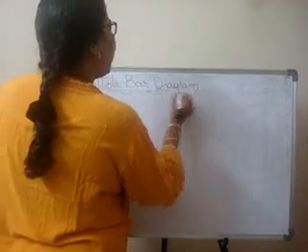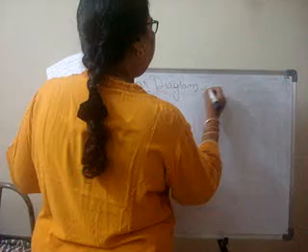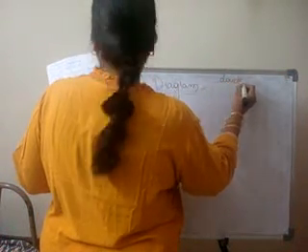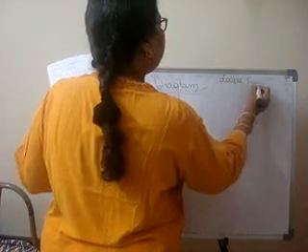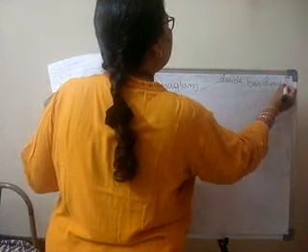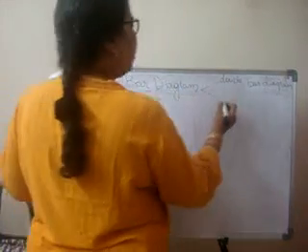These multiple bar diagrams are of 2 types. One is the double bar diagram and the second one is the triple bar diagram.